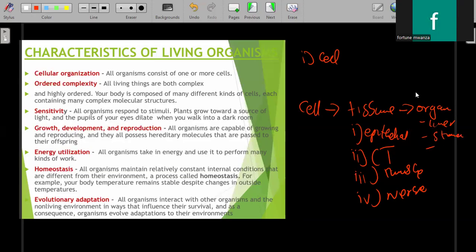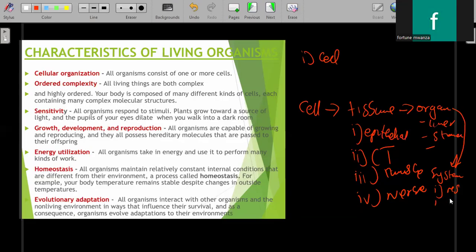Now these organs come together to form a system. We have about 12 systems. You have the respiratory system, one of the examples.